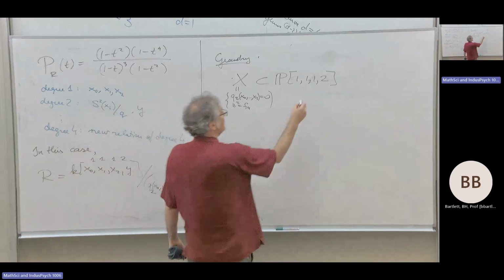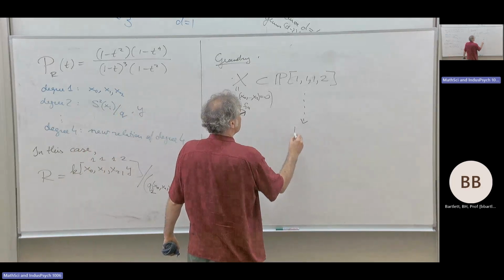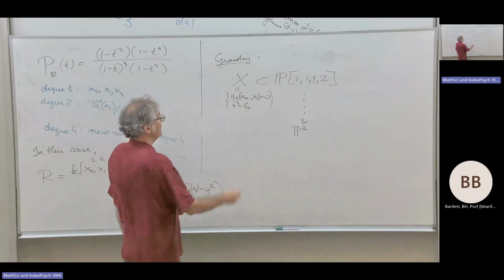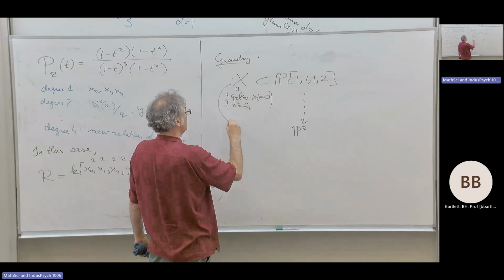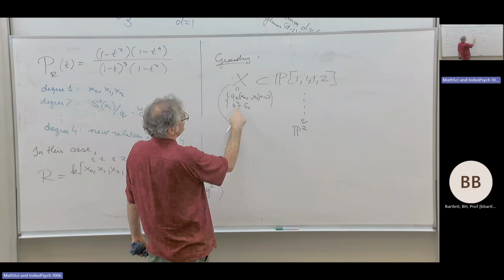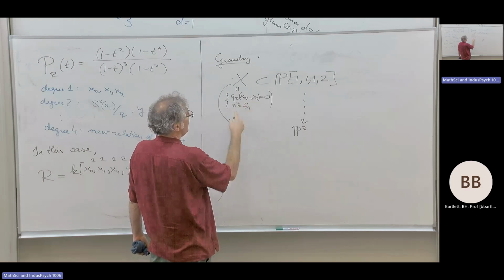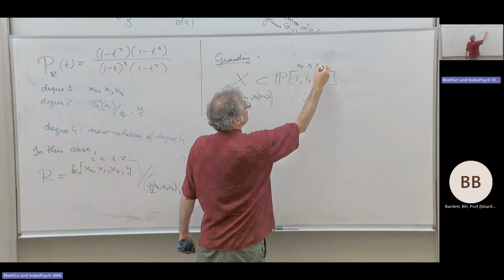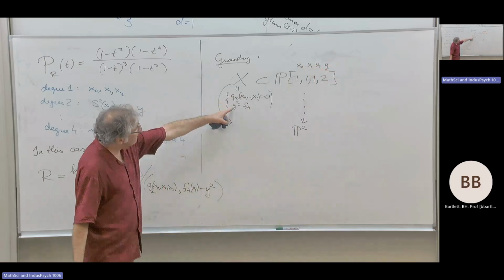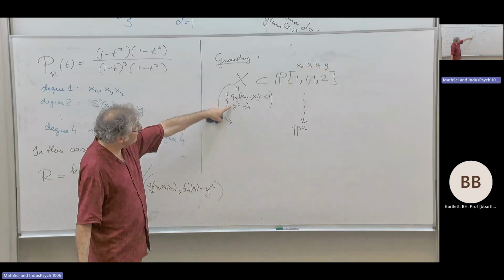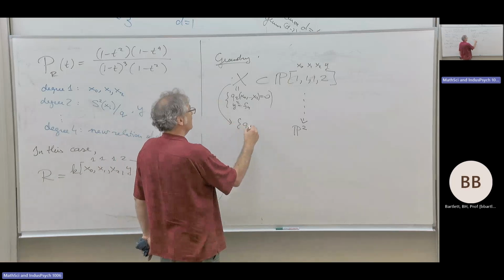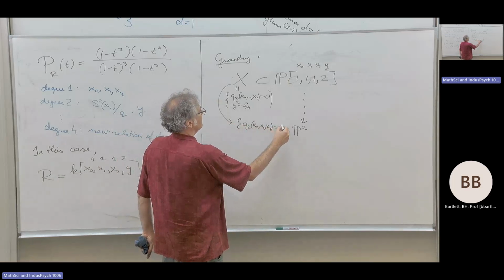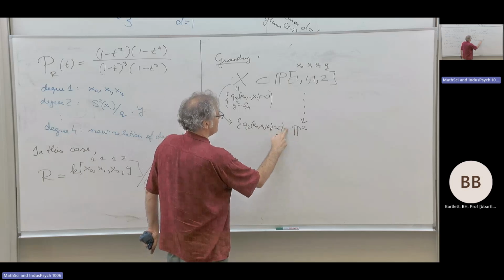But once again, I can do this trick of projecting down to P2, so just the first 3 coordinates. If I project out y, this equation goes away, but I still have a quadric in x0, x1, x2 equals 0 inside here.